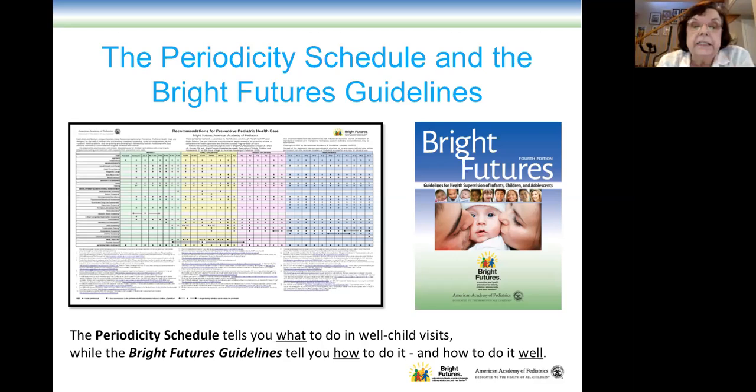And so the periodicity schedule has various dots, so I'll show it to you in a little more close-up in a few slides, but it tells you when you screen, when you do certain measurements at each visit. And then there are footnotes down below, and there's even a second page of this that includes extensive footnotes.